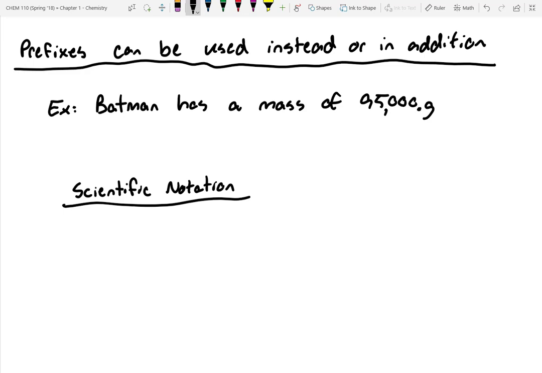Well, just like we did before, let's do it the way we just saw. We've got that decimal point. Sometimes it's not even shown, but it's assumed to be there. And we're going to move this over here right after the 9. So it'd be 9.5 times what? Times 10 to the 4th, right? So you can say 9.5 times 10 to the 4th grams. Or you can do this with prefixes.